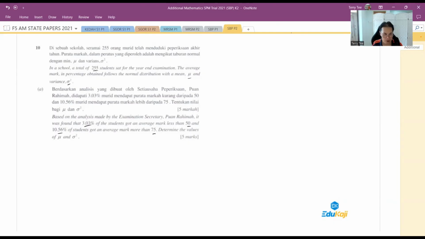Okay, so we will start off by forming 2 equations. So the first equation, you say that 3.03% got an average mark less than 50, right? Less than 50. So we know this is 0.0303.